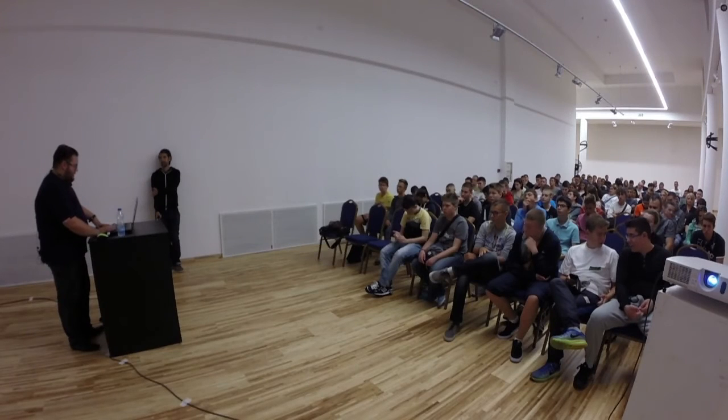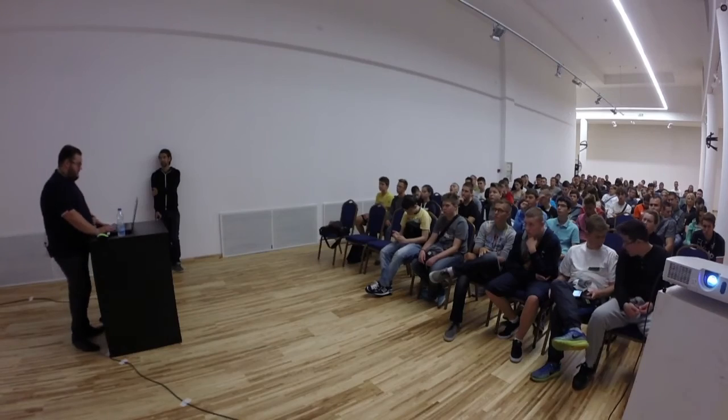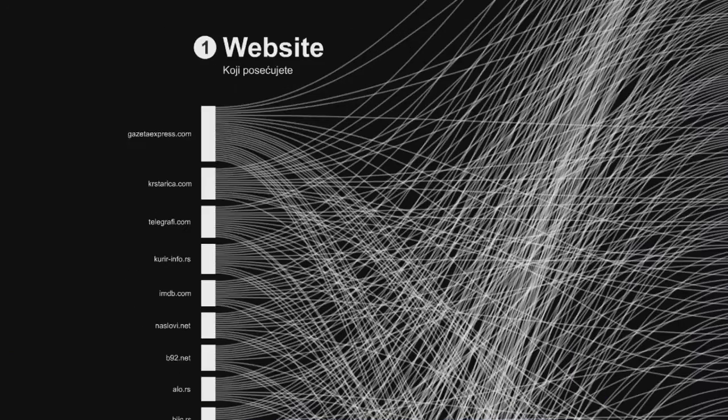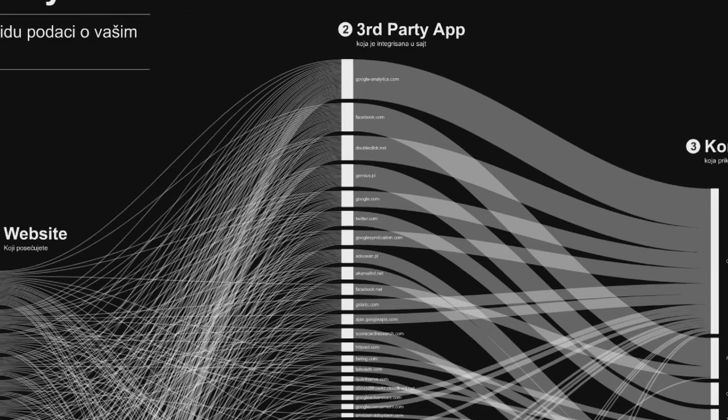It's been deployed in many websites. So these are the websites in Serbia that implement cookies. This Gazeta Express has the biggest number of cookies. Then you have Krstarica, Telegraf, etc. In the middle, we have the types of cookies they have.